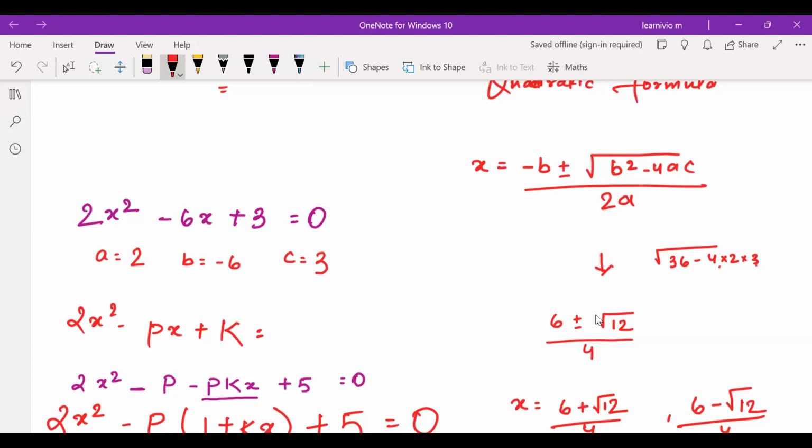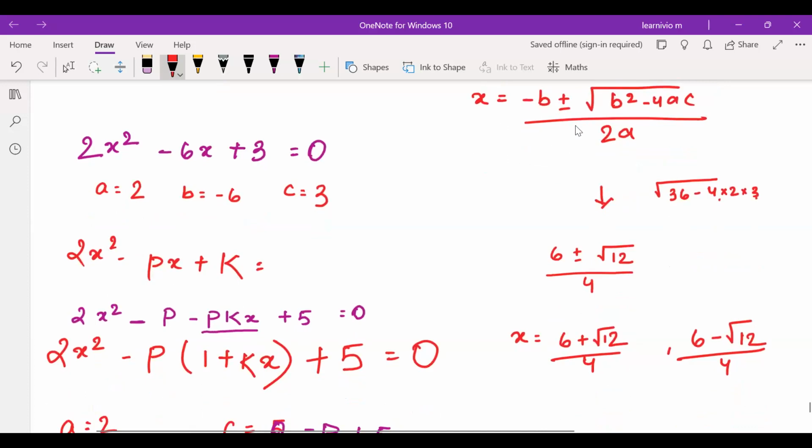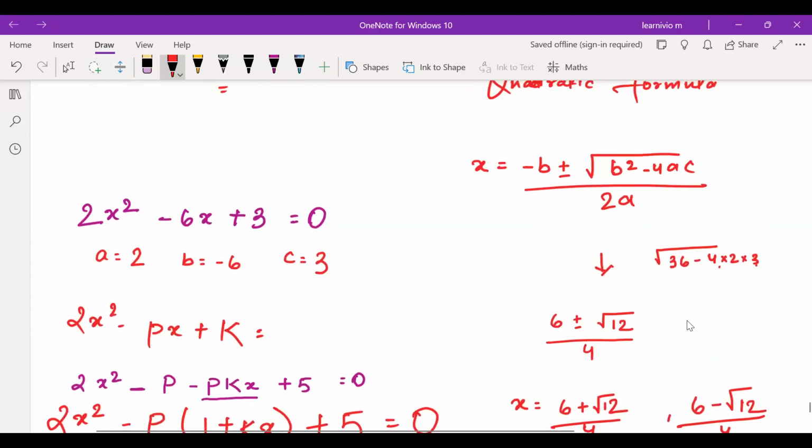Suppose instead of root 12 you got a whole number 4, then you would be able to solve it, right? 6 plus 4, that is 10 by 4, and then 6 minus 4, that is 2 by 4. Two different x values you would get. That's why from the very beginning we keep plus minus at each and every step.